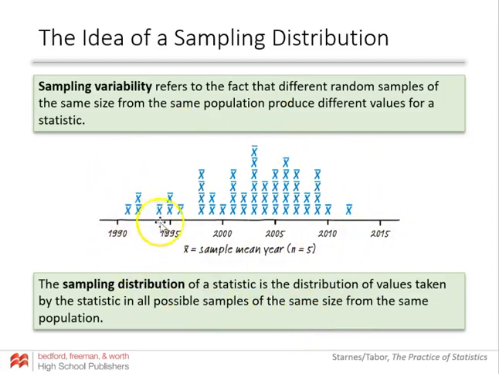This is all of the different combinations of 5 pennies that we could pick, and then we found the average year that those pennies were minted. So it is all the possible samples of whatever size we picked from that population, and then we find some statistic, mean, proportion, range, standard deviation, it doesn't matter what it is. We find some statistic for every single possible sample.